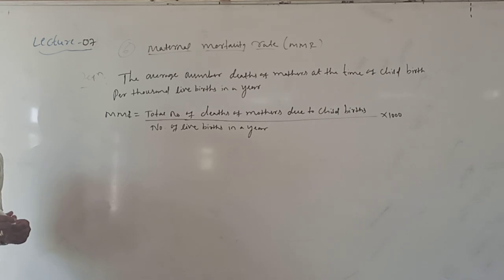MMR equal to number of deaths of mothers due to childbirth divided by number of live births in a year into 1000. Okay, it is about maternal mortality rate.